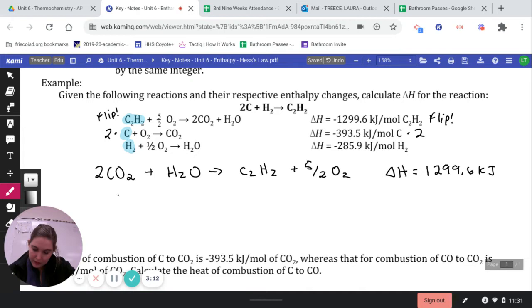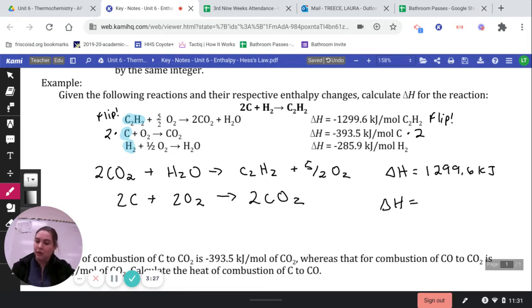I would get 2C plus 2O2 yields 2CO2. I multiplied that by 2, so I need to multiply my delta H by 2. So negative 393.5 times 2 would give us negative 787 kilojoules per mole.